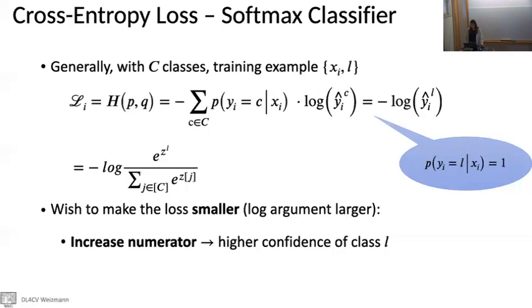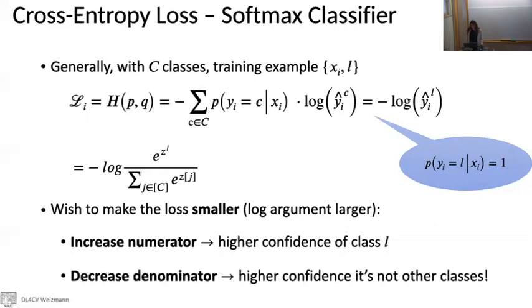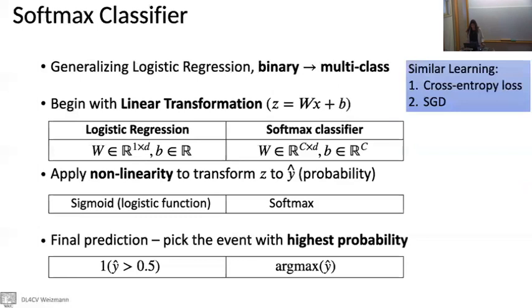One way is to increase the numerator, increase the score for the L class, make it high confidence, like I'm sure this is the class. Another way is to decrease the scores for all of the other classes, like I know it's a dog, I know it's not a cat. So this is how the cross-entropy for the multiclass looks.